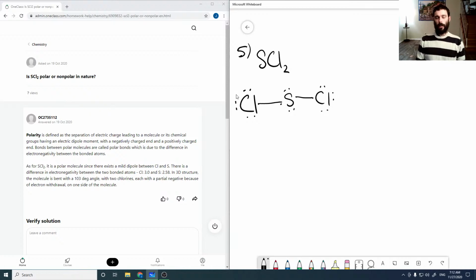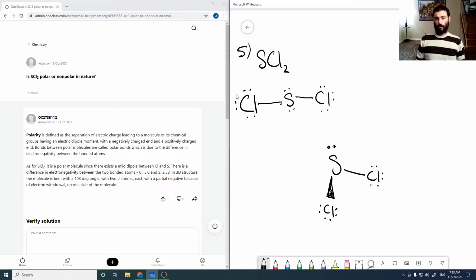So now when we draw the actual structure, the bonds and the lone pairs are going to take up a tetrahedral structure, and so the actual structure will look something more similar to this, where I'm using these wedges to show that they're coming out of the page.